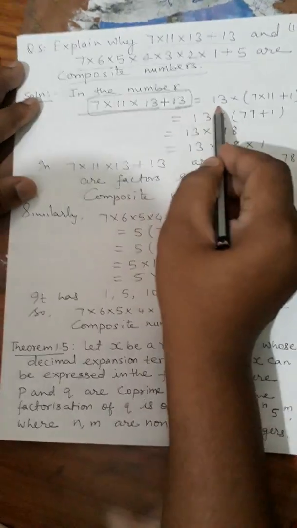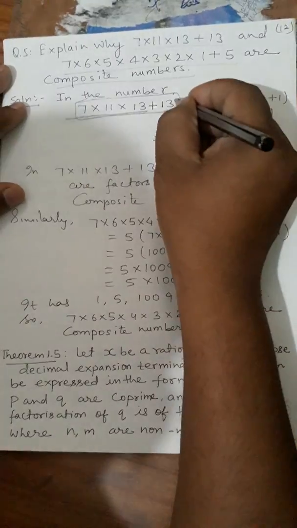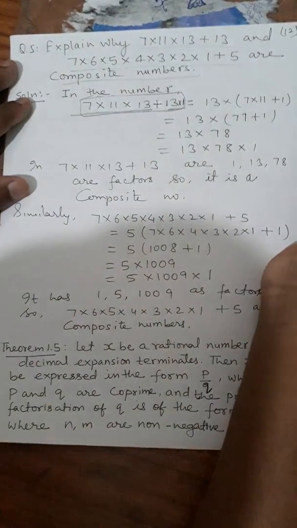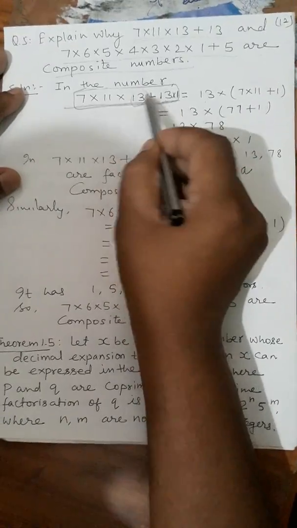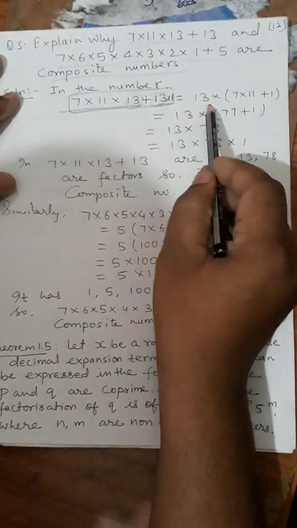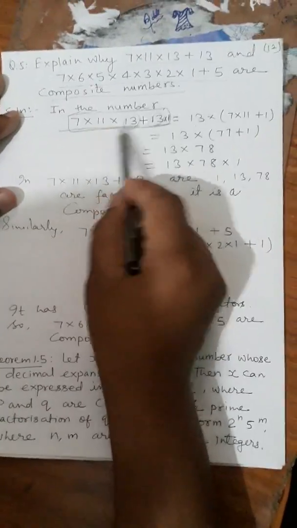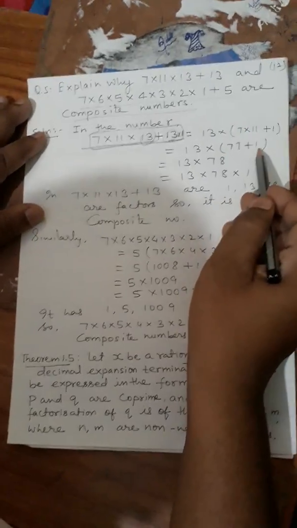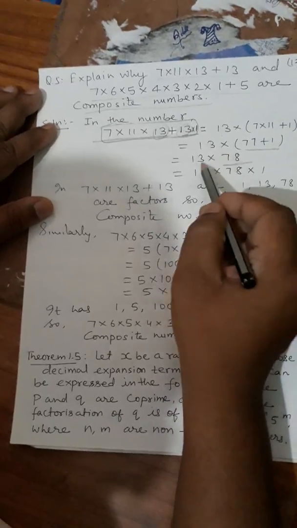Taking 13 common, we have 7 into 11 here, and here nothing means 1 is hidden, since 13 means 13 into 1. So after taking 13 common, it is 7 into 11 plus 1. 7 into 11 is 77, plus 1 is 78. So it is 13 into 78.